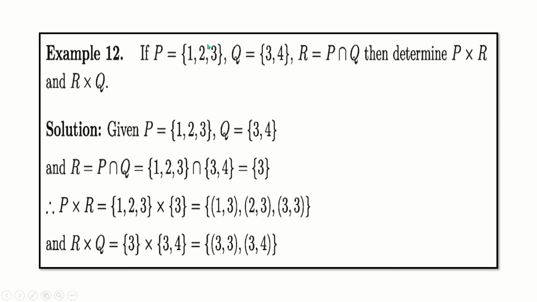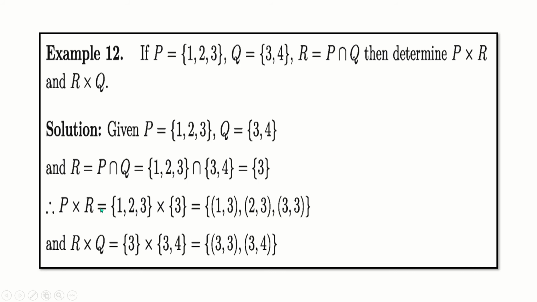So P is given, Q is given, R is also {3}. Now we have to find P Cartesian product R and R Cartesian product Q. We know the definition of Cartesian product. The elements will be ordered pairs, the first element from the first set and the second element from the second set. Clear? Now follow the solution.